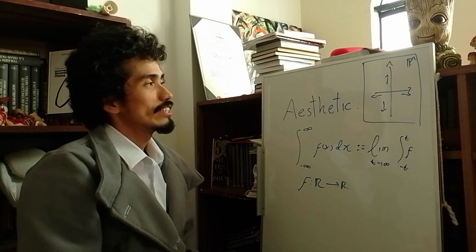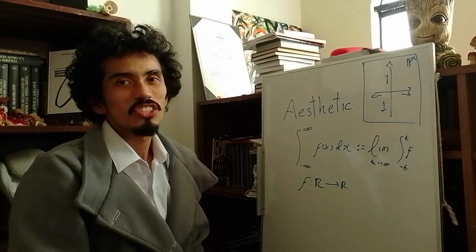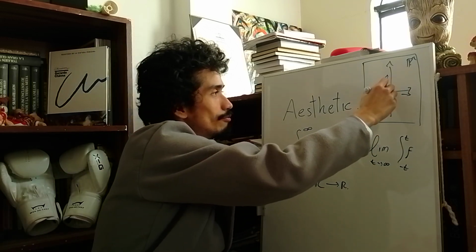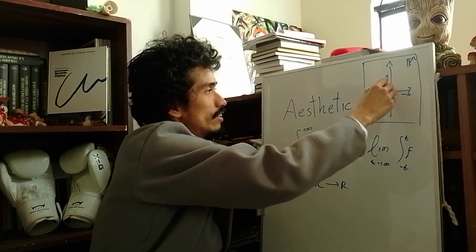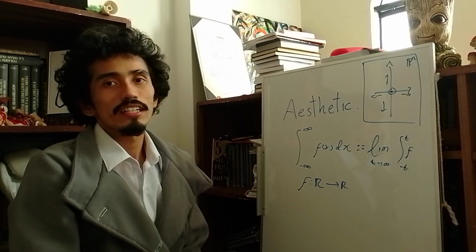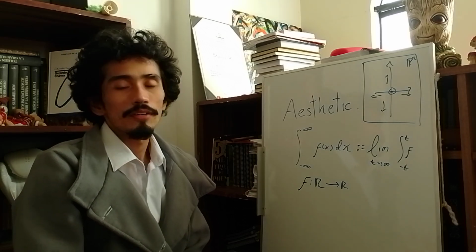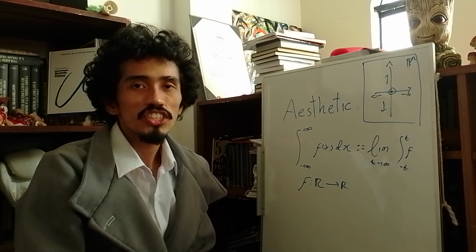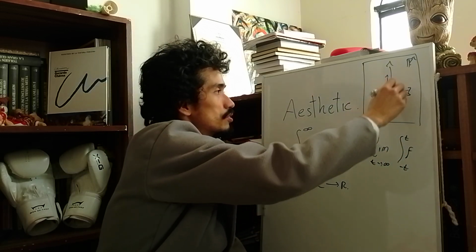But what happens if there is some portion of the domain in which the function is not defined? For instance, what happens if the origin is a point in which the function is not defined? Well, there are some ways to go around those problems whenever those areas of non-definition are simple enough.